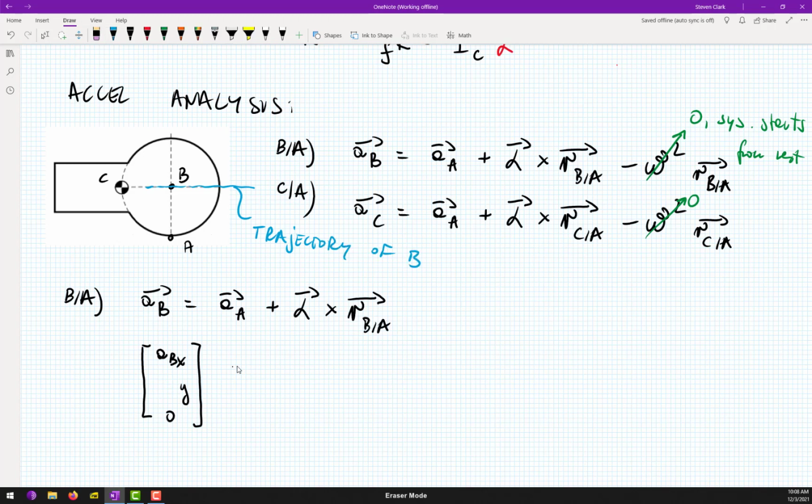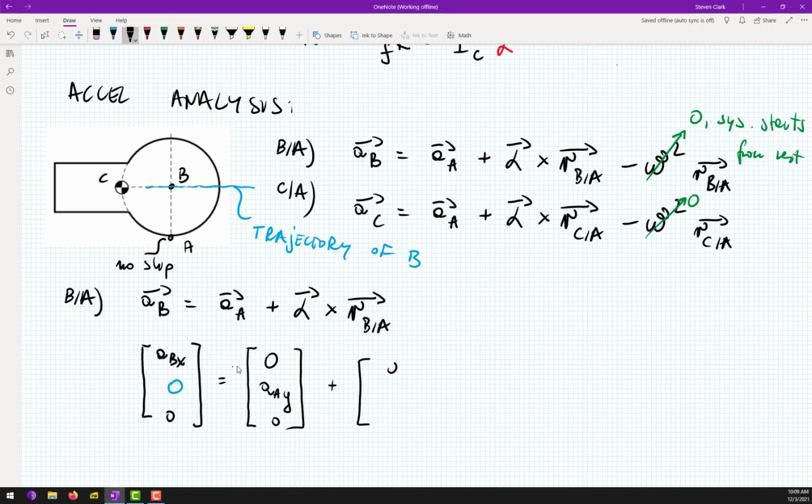So that means that this guy will be 0. Sorry, I asked that question like 7 times this semester. Sorry for annoying you. And there is no slip at point A. So that means that only this component will be non-zero, right?